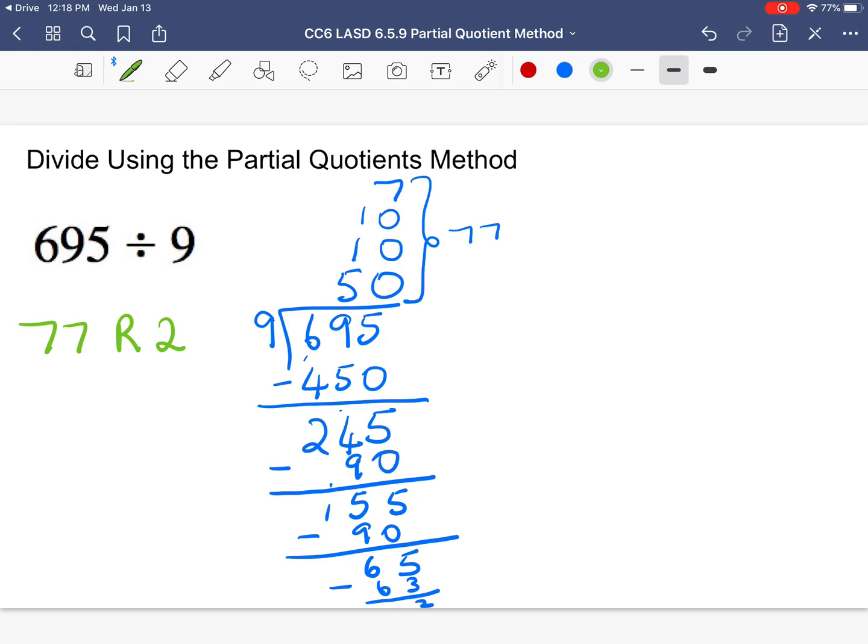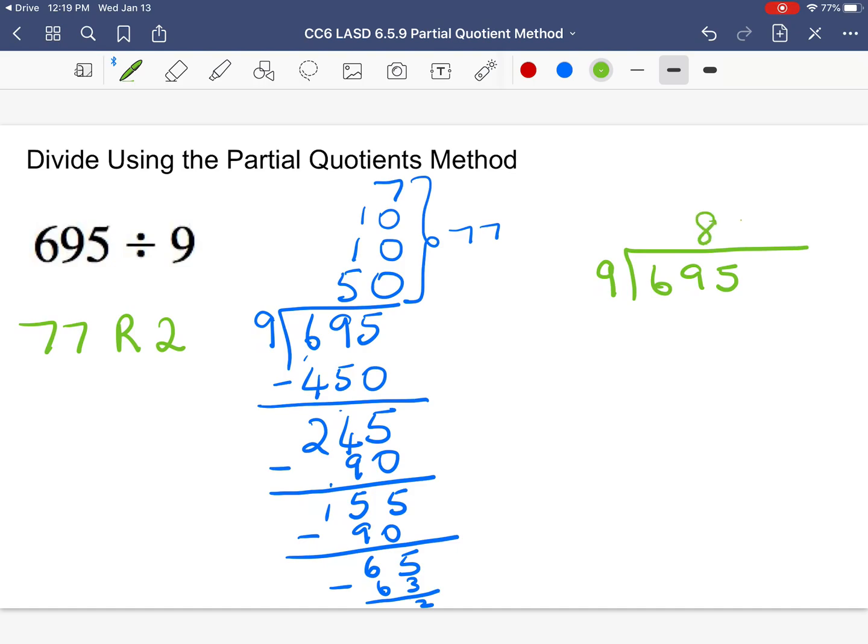Now, what if I make a mistake? Let's do an example here on the right hand side where I make a mistake. 9 divided into 695. And I started off on the left hand side with 9 times 50. What if I do 9 times 80?